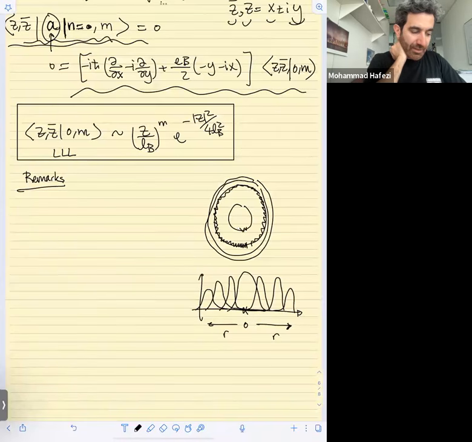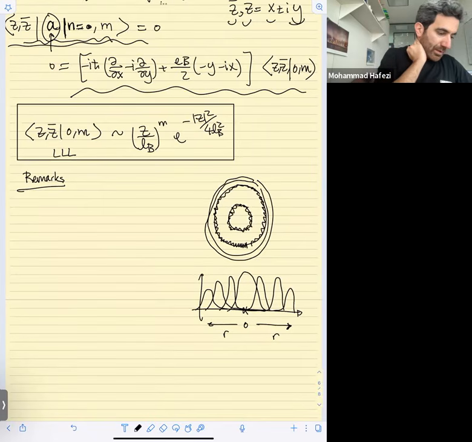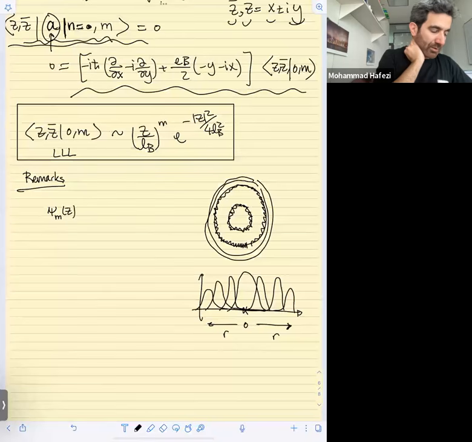Basically, it's a bunch of rings. And those are well-defined wave functions. I call them psi of m, psi of m as a function of z. So these are the wave functions of these guys.